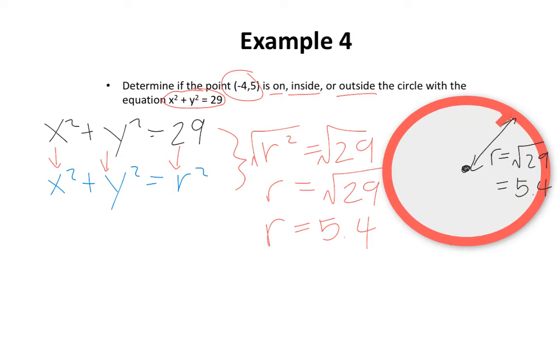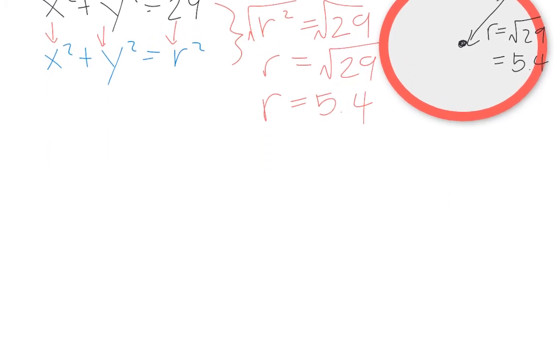If it is on the circle, once I plug it in to the general equation of a circle, I should get a radius which is equal to 5.4, or the square root of 29. If the radius is smaller than this number, that means it's inside the circle. If the radius turns out to be larger than this number, that means it is outside the circle. So let's go ahead and do the calculations below.